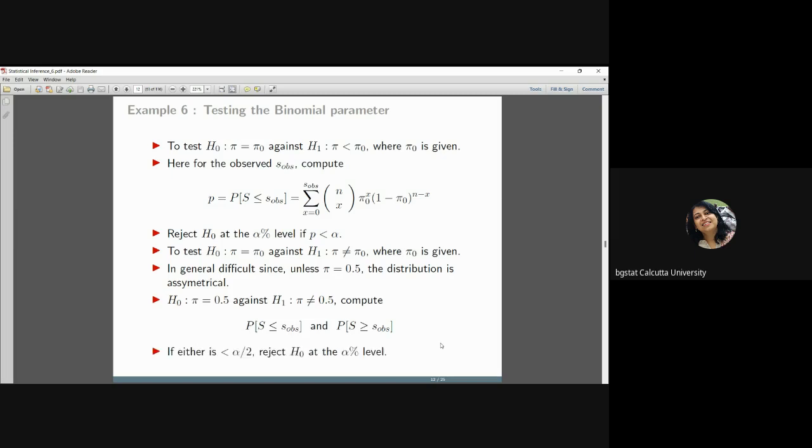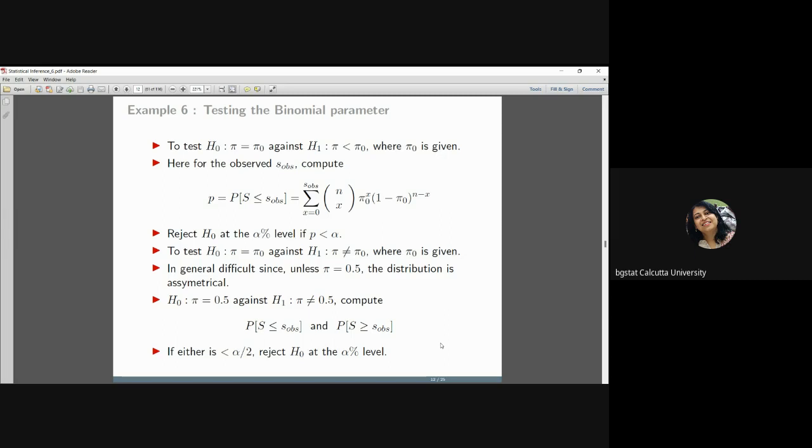Similarly, I can have the p-value for a two-sided test. For a two-sided alternative, pi not equal to pi naught, I would calculate two probabilities. I would calculate the probability of S being greater than or equal to S obs, as well as the probability of S being less than or equal to S obs. If either probability is less than alpha by 2, I will reject H naught at the alpha percent level.